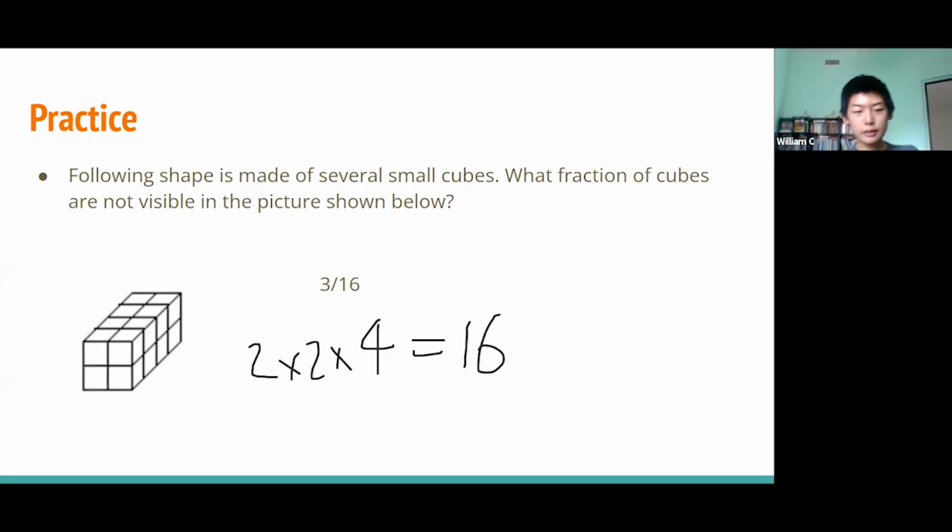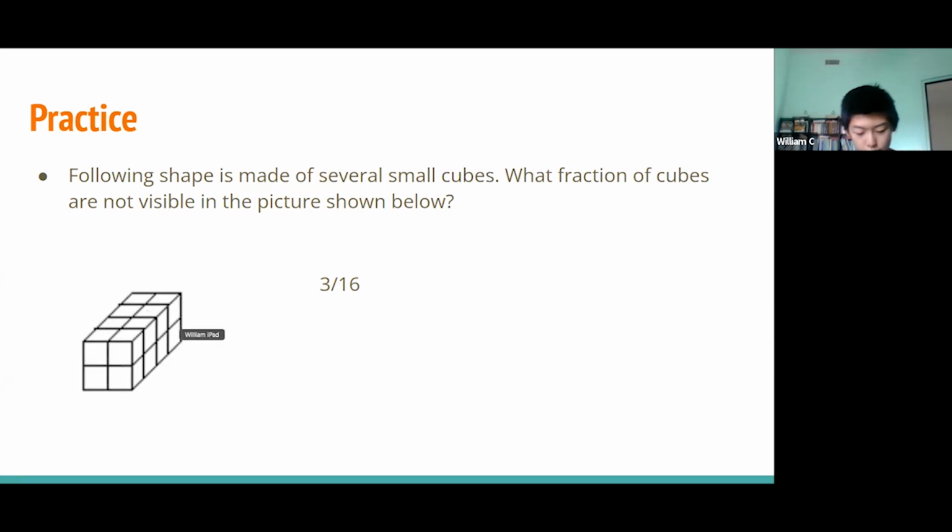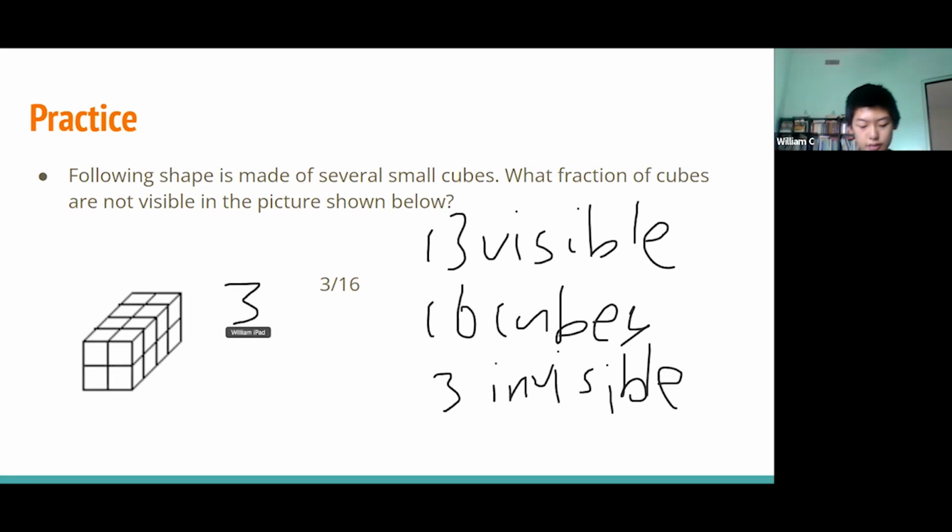Now let's try to see how many cubes are visible. 1, 2, 3, 4, 5, 6, 7, 8, 9, 10, 11, 12, and 13. 13 are visible. So therefore, the answer is 3/16, because it's 3 invisible cubes out of 16 total cubes.